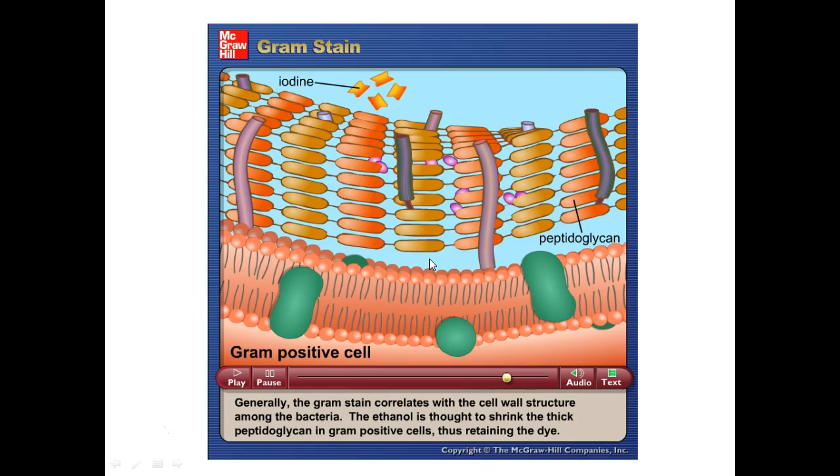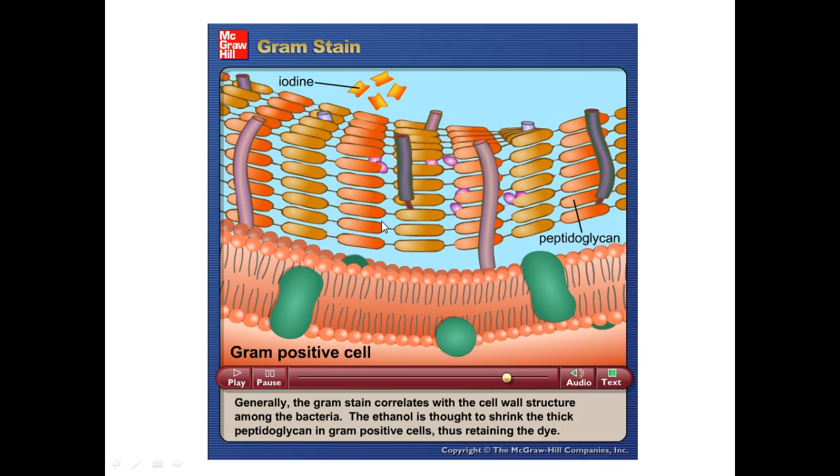Then when you do the next step, which is decolorize with ethanol, this peptidoglycan layer has big holes in it, right? It's just structurally sound, rigid. It doesn't stop stuff from going in and out, okay? It just provides support. So that stuff comes in, combines, forms that larger molecule.